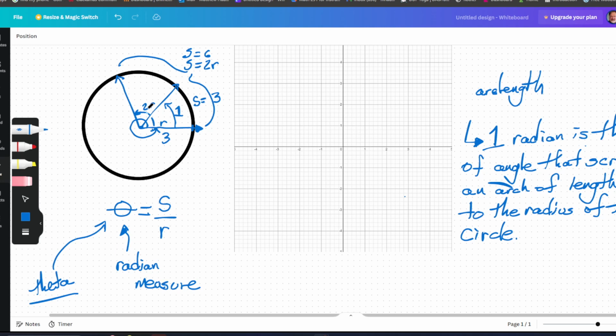So if we wanted to figure out the radian measure of a full rotation, I'm going to write this as the radian measure of a full rotation, ROT. We'd want to be looking at the arc length of a full rotation in ratio to the radius of our circle, whatever it happens to be.